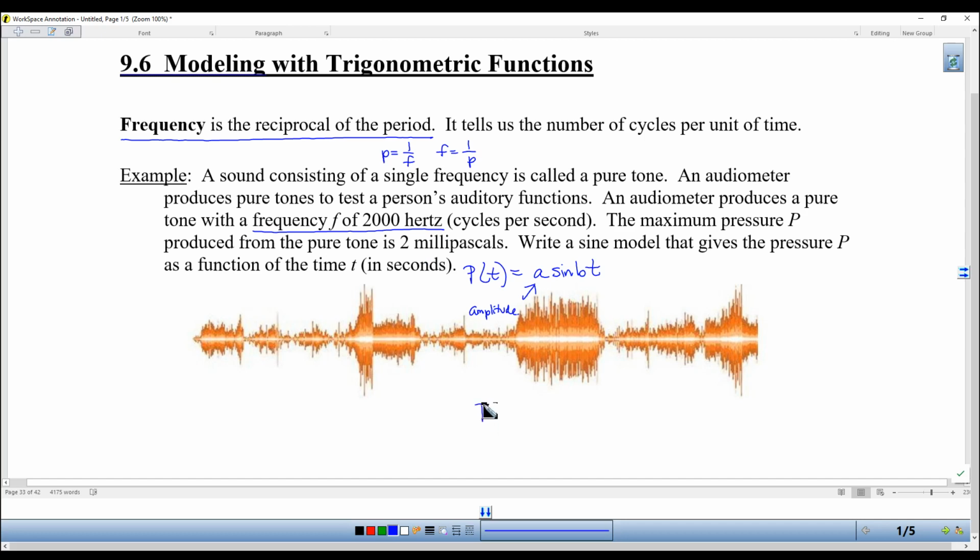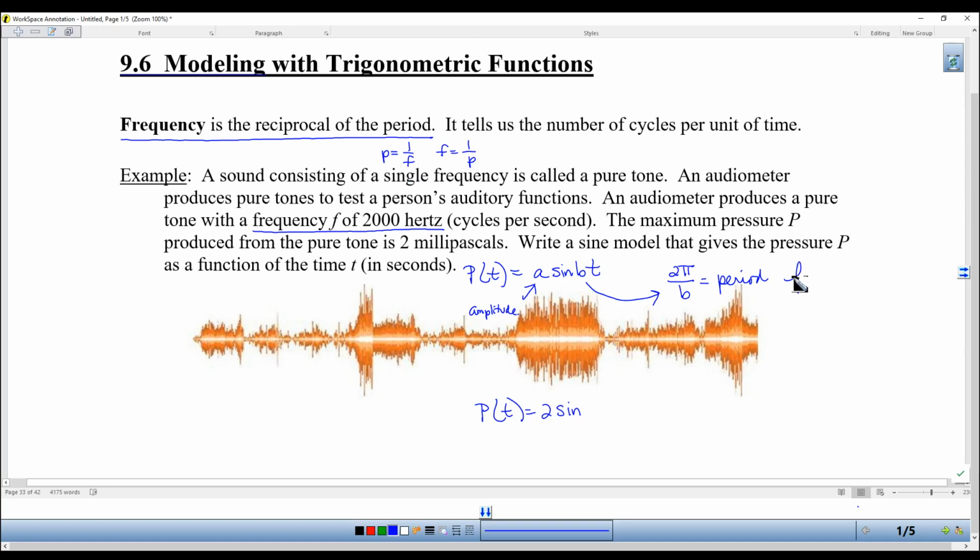So now I know that P of T is equal to 2 sine, and I need to find that B. So remember what we used B for. Since the normal period of sine is 2 pi, if we divide by B, that'll give us the period of our function. But we know that frequency is the reciprocal of period.